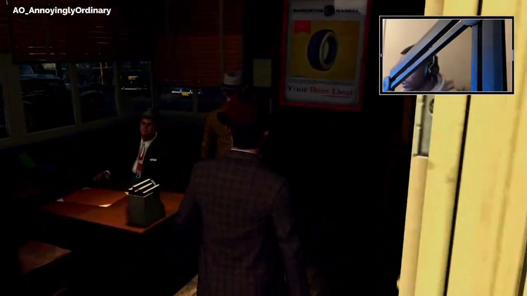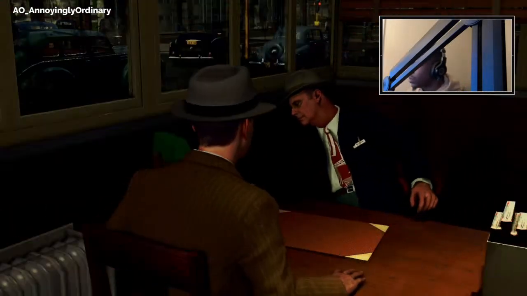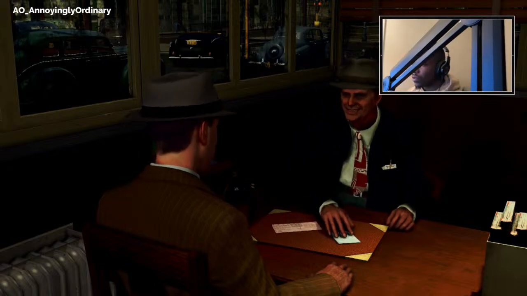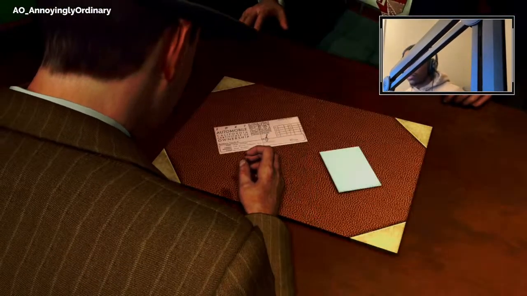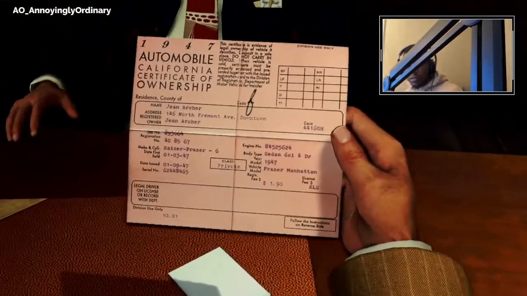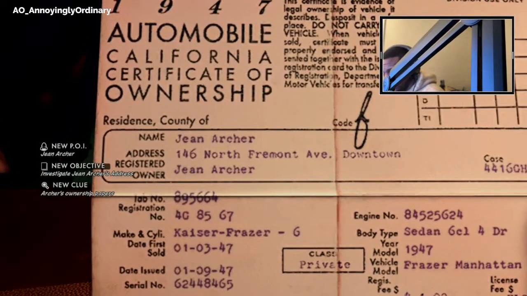What are we supposed to do there? Here it is. Got the original pink slip there too. Gene Archer, 146 North Fremont Avenue.